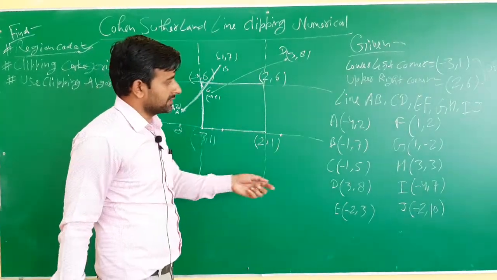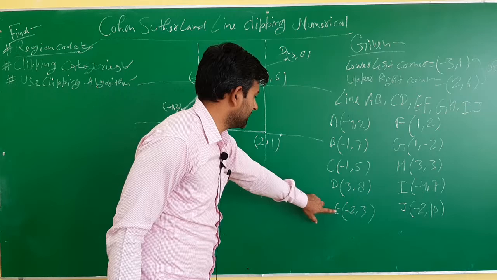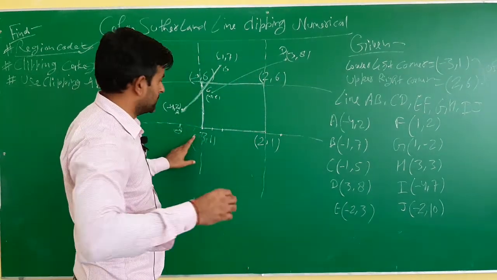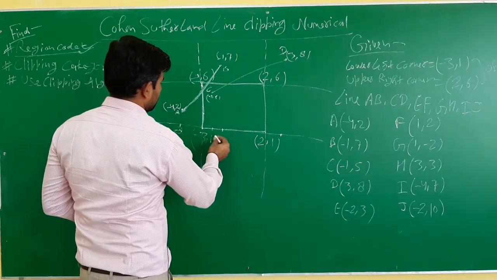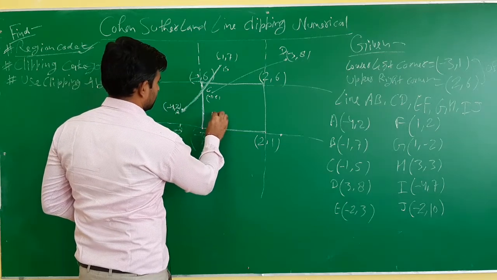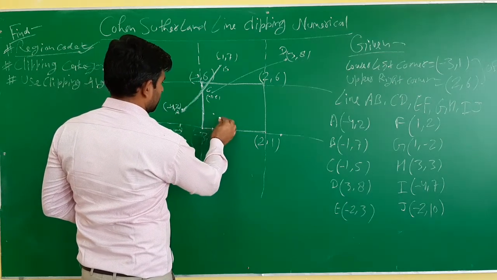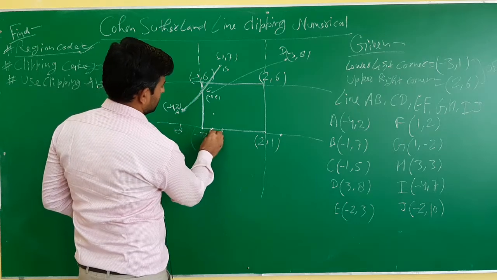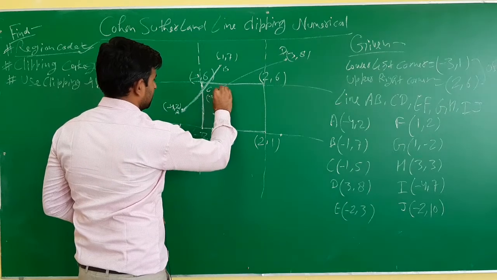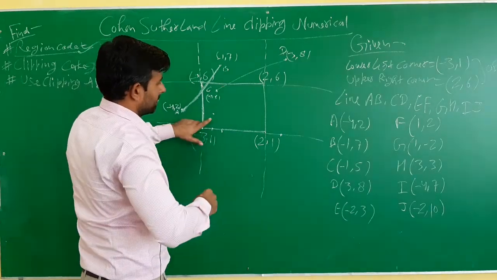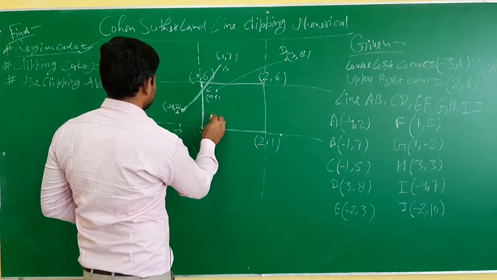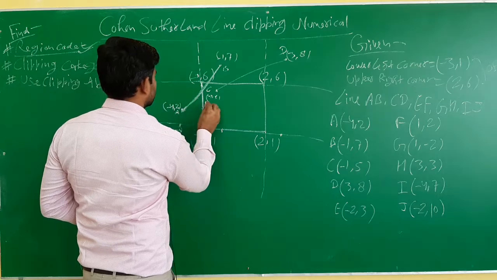Okay, come to the next line, EF. E is -2, 3. Where is -2? -2 will be like here, this point, -3, -2, -1. This point will be like here, -2, and you have 3. The 3 value will be something like here.